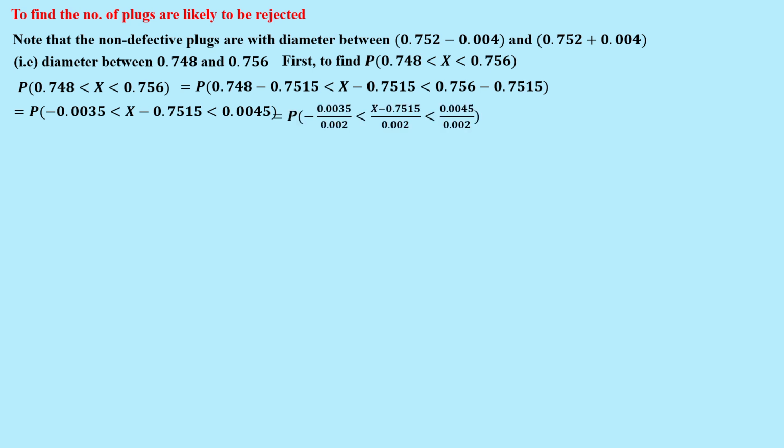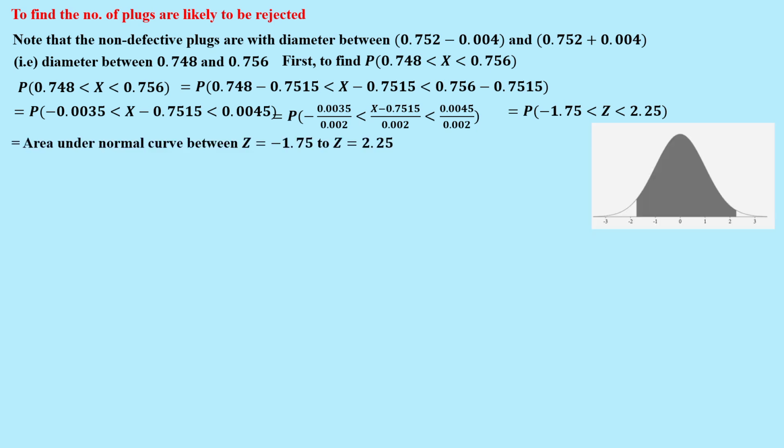Then divided by sigma: probability of minus 0.0035 by 0.002 less than (x minus 0.7515) divided by sigma less than 0.0045 divided by sigma, that is 0.002. So the probability of minus 1.75 less than z less than 2.25. So the area lies between minus 1.75 and 2.25.